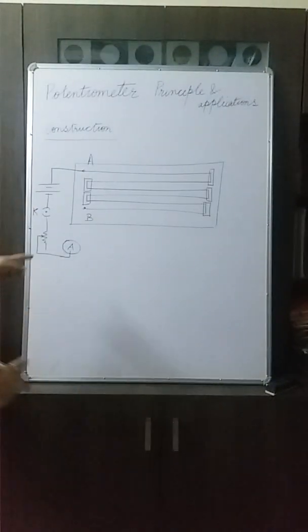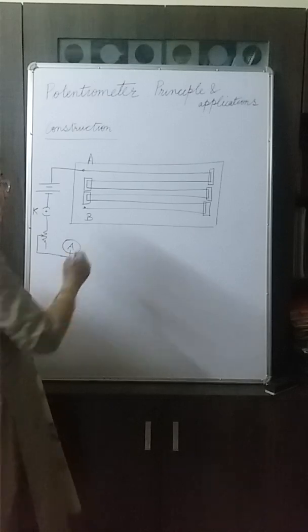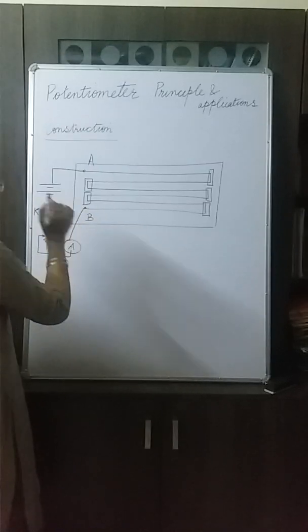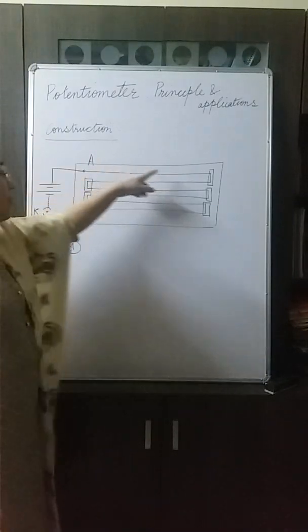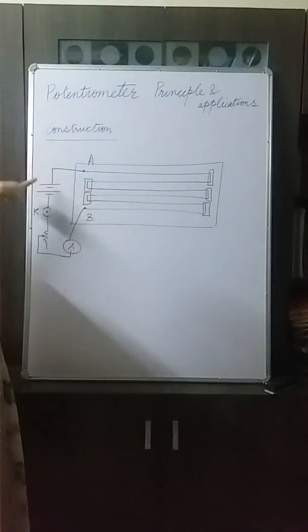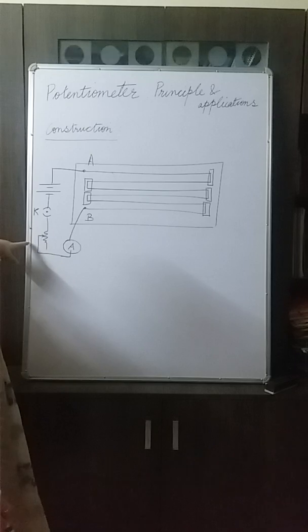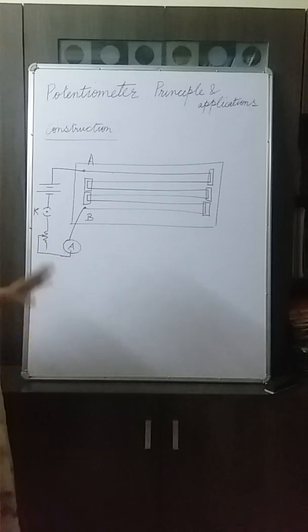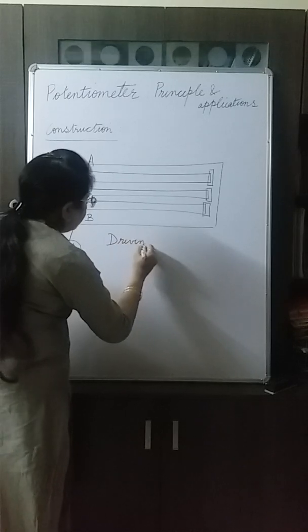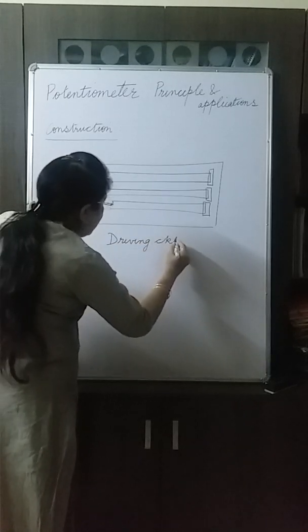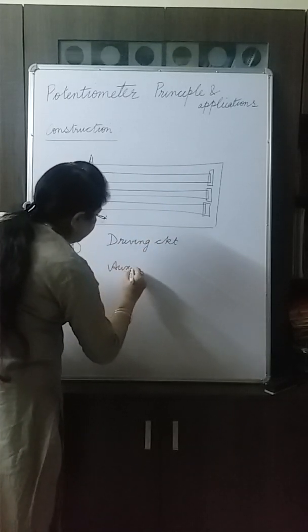We can keep checking in the ammeter whether the current is constant or not, and this end is connected to B. So between the two ends of the wire A and B, we have this circuit: a battery, a key, a rheostat and an ammeter. This is called the driving circuit or the auxiliary circuit.